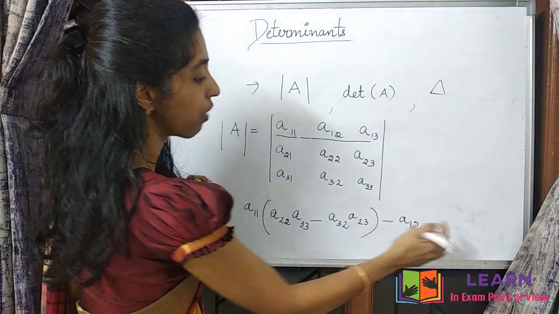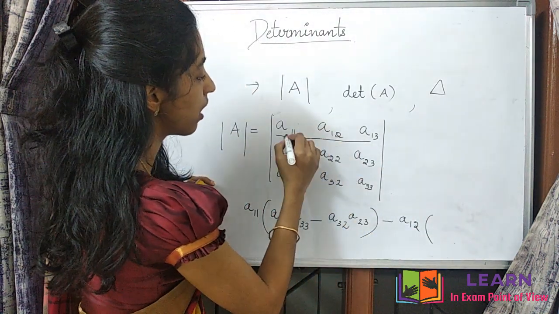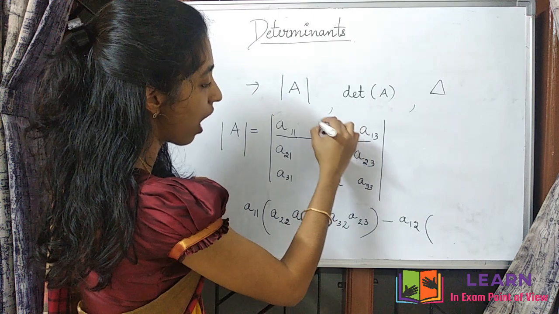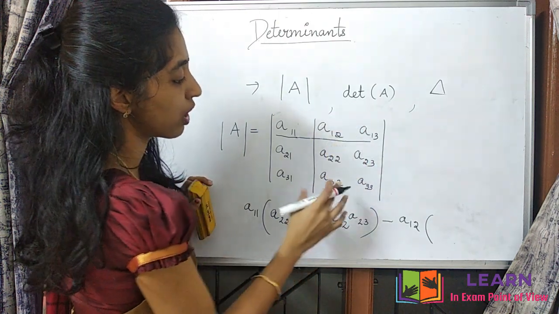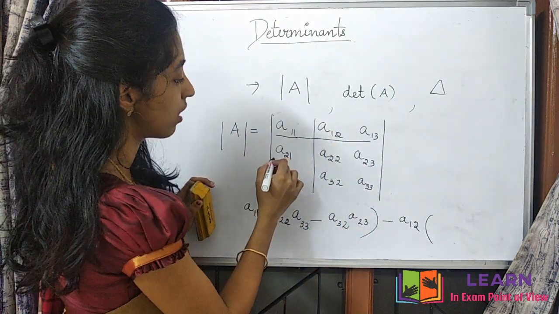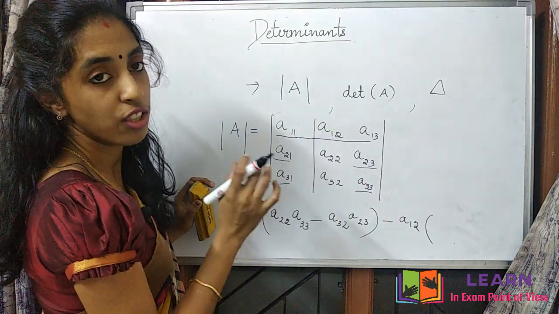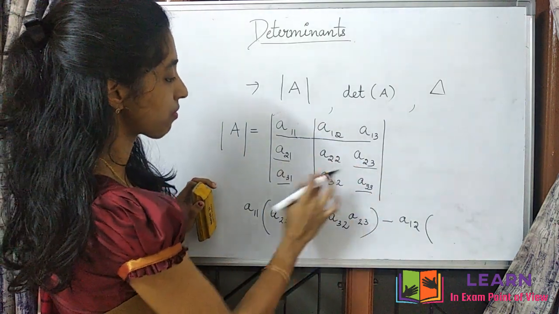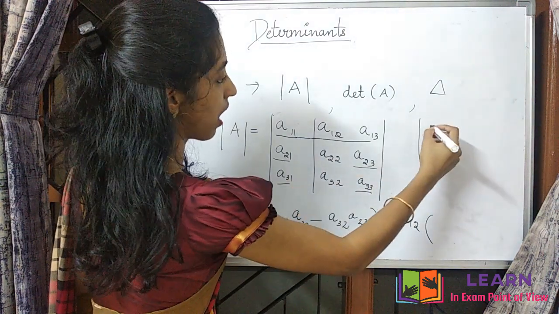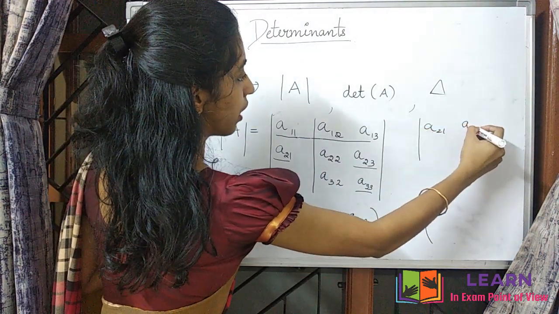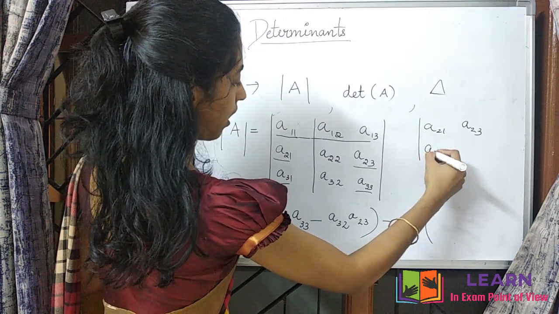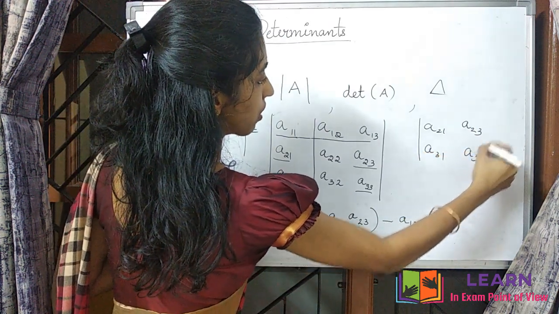Okay. So A12 into, we have to take its corresponding row and its corresponding column. You need to vanish it in your mind. Then we have the other 4 elements. It is again a 2 by 2 matrix. This you can represent as A21, A23, A31, A33.